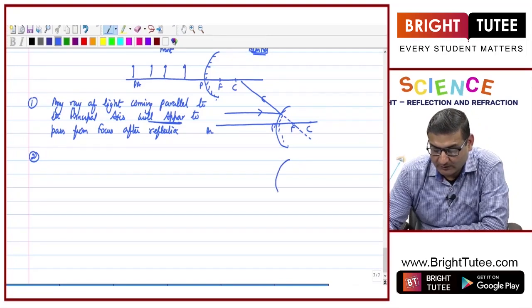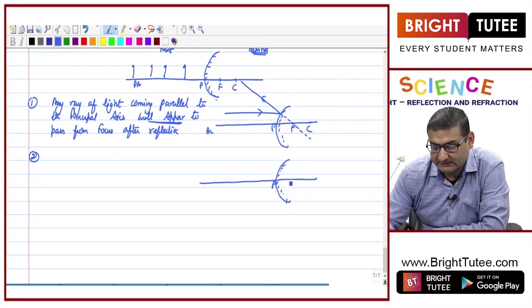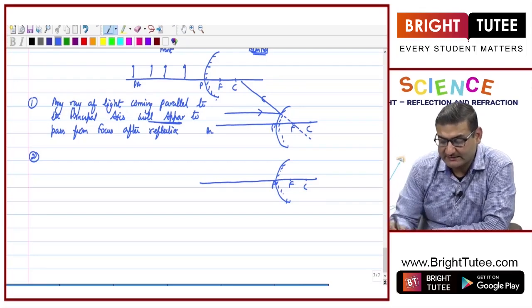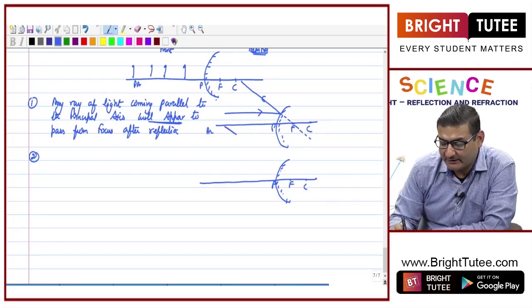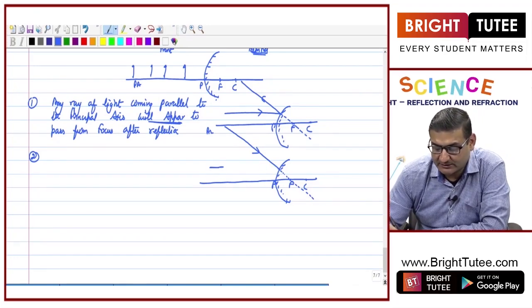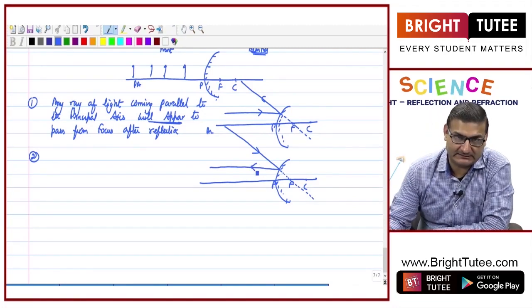The second rule is just the opposite of it. This is a convex mirror, this is the principal axis, this is P, this is F, this is C. What this rule says is that if any ray of light is coming in such a way that it was actually supposed to pass through the focus of this particular mirror, then after reflection it will become parallel to the principal axis.